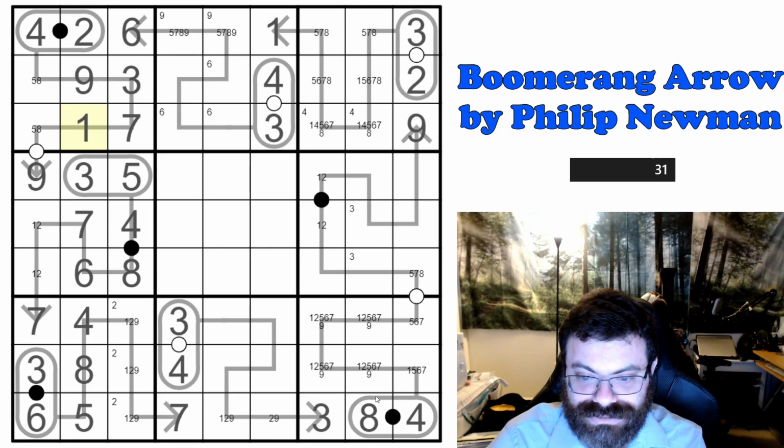What else do I need here? This can't be 4. Wonder how long that's been sitting there. So that means a 4 is here. 1, 5. This can't be 1. Is 5, 6, 7, 8 the remaining?